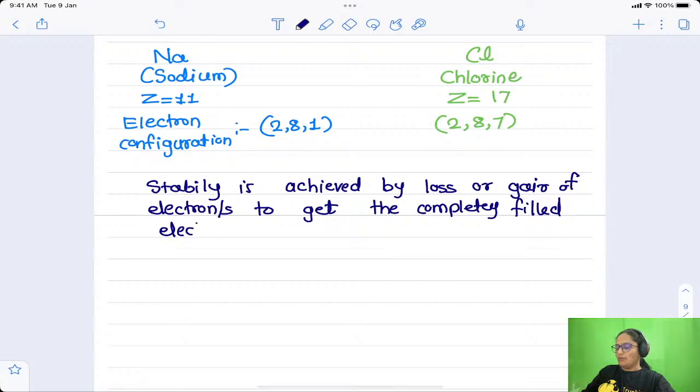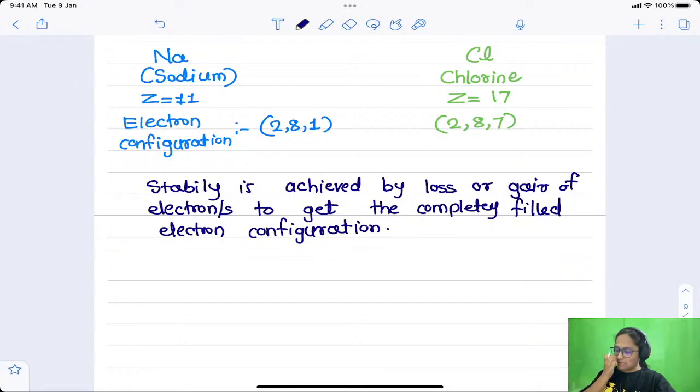If the shell is completely filled, that means stable configuration, right?